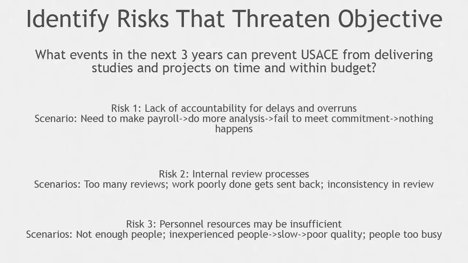Scenarios include not enough people, inexperienced people doing slow or poor quality work, and people who are too busy with too much work to do. This kind of work continues until all the risks of concern and their feasible scenarios have been identified.